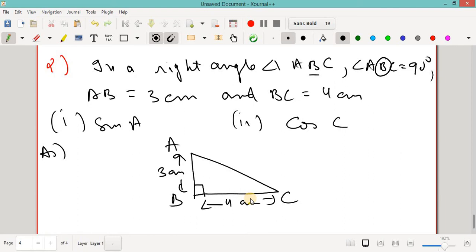Now students, we know that there is the Pythagoras theorem by which we can find the hypotenuse also. We need to find this because this is not given in our question. So we are going to use our formula, that is the Pythagoras theorem. Is it clear?